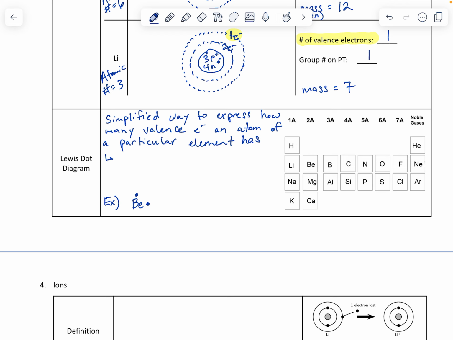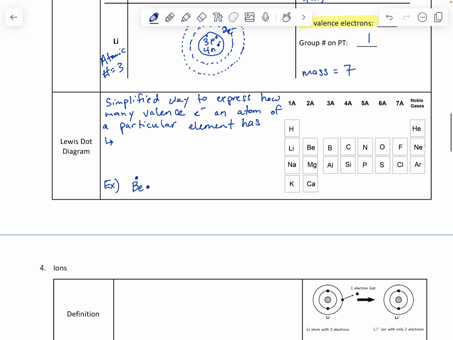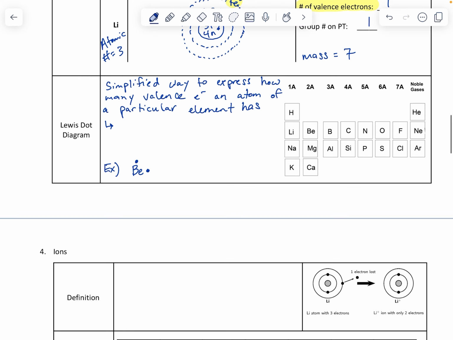What you should do when you're doing these Lewis dot diagrams to show just the valence electrons, I usually like to start with the first one at the very top, but each element effectively has 4 sides to it. So you're going to fill in all the sides until you have 4 that are alone, and then you start pairing after when you need to.